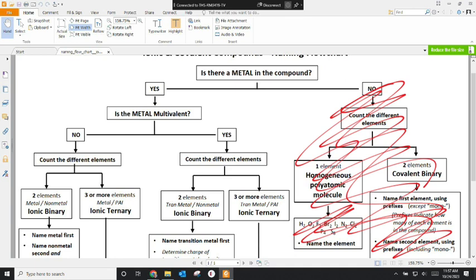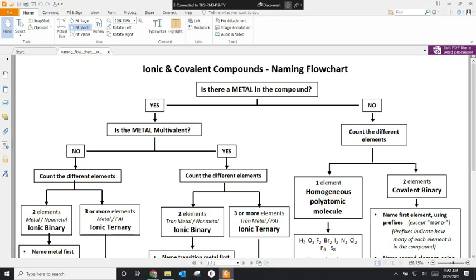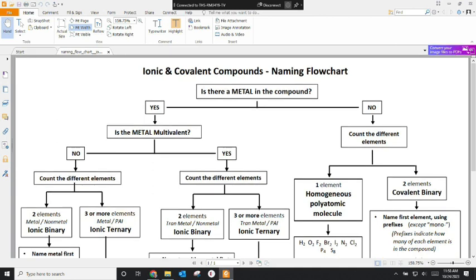Well, let's actually add to this what that word multivalent means. So just so we can fit everything in there, just really small, maybe in the upper left-hand corner. That's where I'm going to put the definition of multivalent.